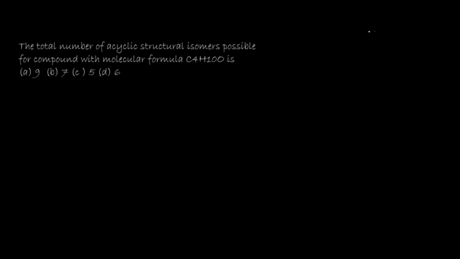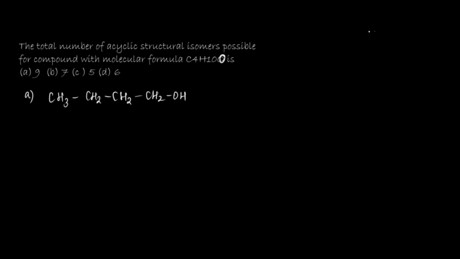Let's solve this question. Total number of acyclic structural isomers possible for the compound of molecular formula C4H10O. Okay, we should not include any rings. So let's start writing it. This is a 4 carbon system. So CH3, CH2, CH2, CH2OH.